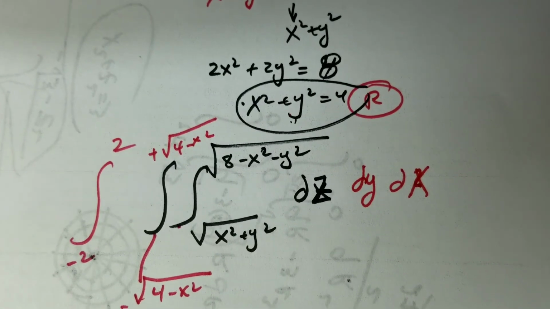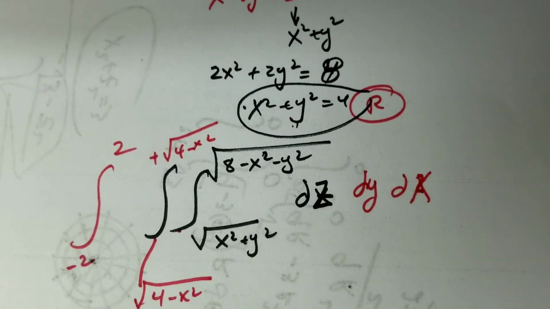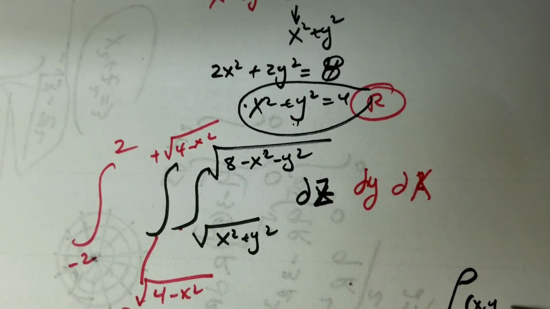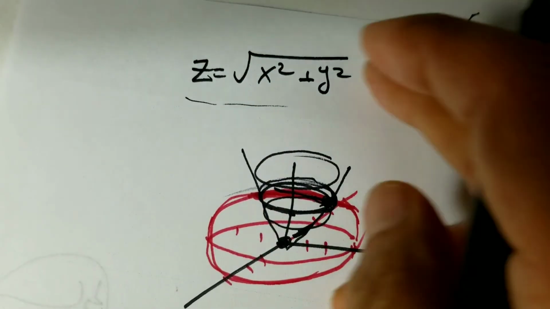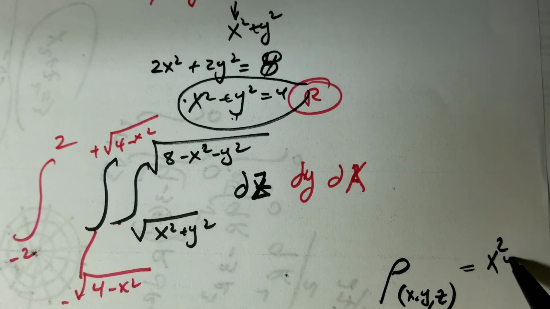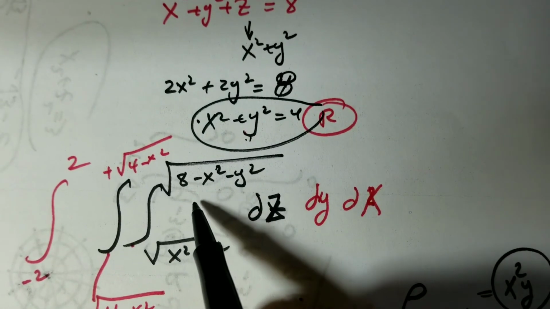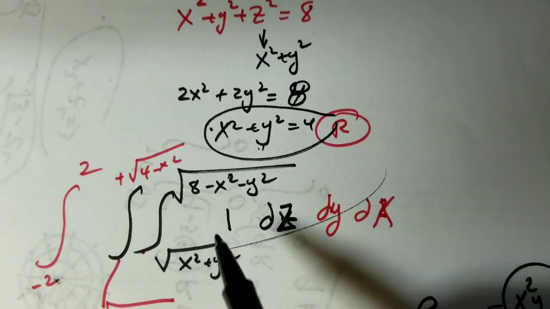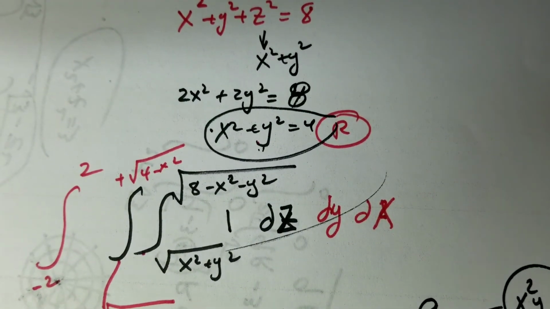Well, pretty much got it. If they ask you that the density of that surface, which is a cross section of these two surfaces, is this, then you can put your density here and find the mass. But right now they said the volume, so the integrand is 1.